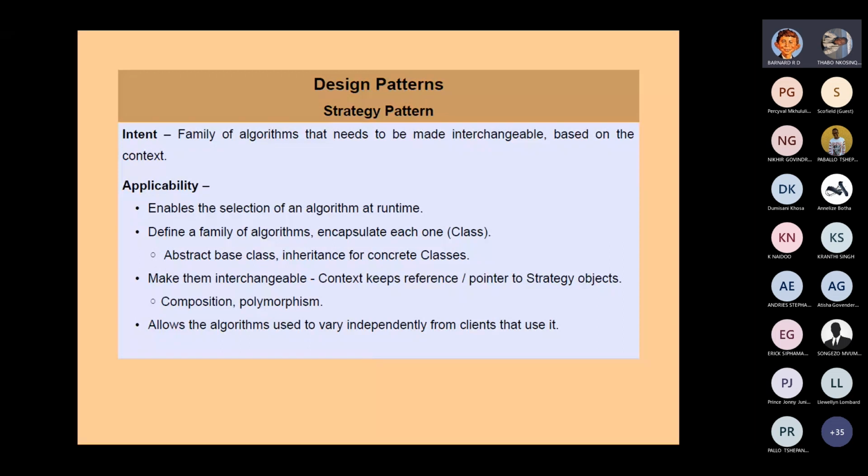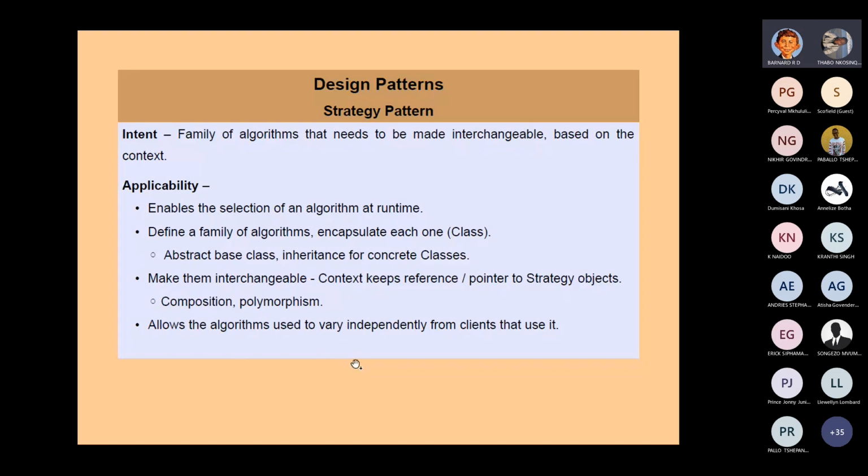So the strategy pattern basically gives you the ability to change the way your application operates at runtime. You can literally change your application on the fly to do different things. So that was an example where you can call different sorting methods.